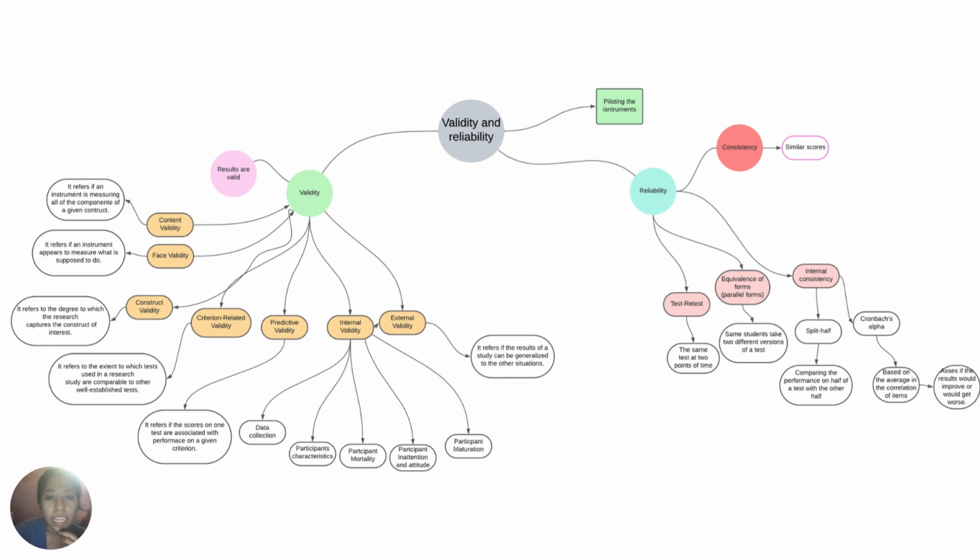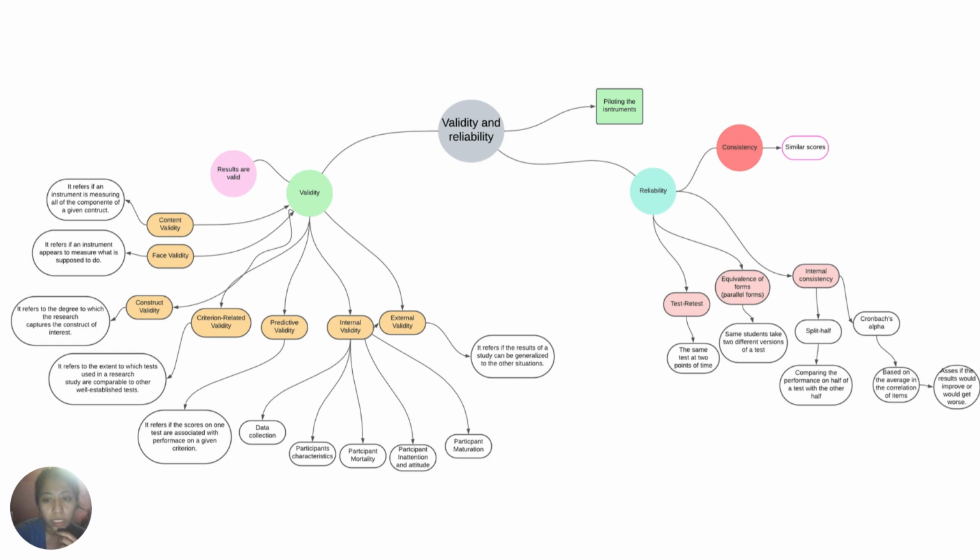And the last one, internal consistency. The first method is split half, comparing the performance on half of a test with the other half, so we need to divide the participants in this method. And Cronbach's alpha is based on the average correlation of items.